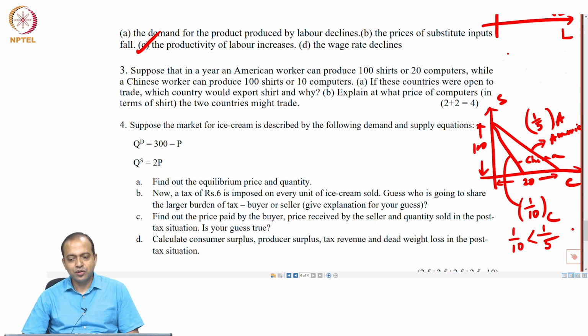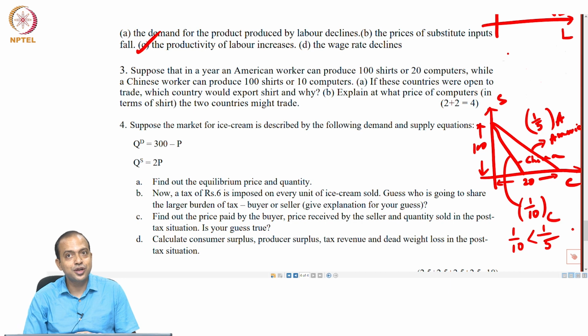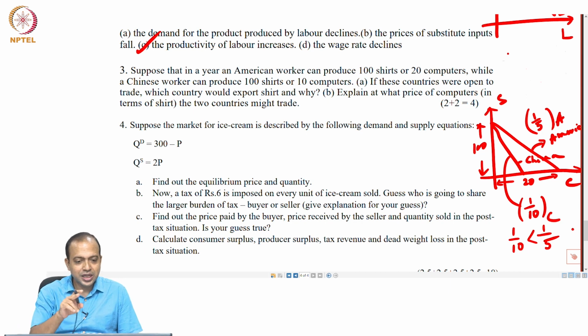So, now the other question would be, who would export computer? Then you need to calculate the opportunity cost of computer in terms of cert. In America, to get 100 certs, you are sacrificing 20 computers. So, if you sacrifice 20 computers, you will get 100 certs.